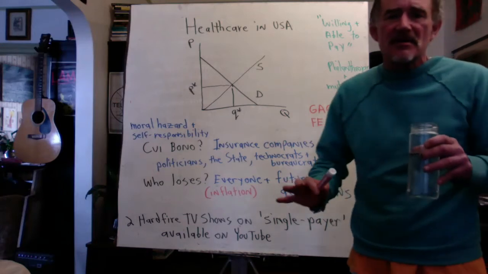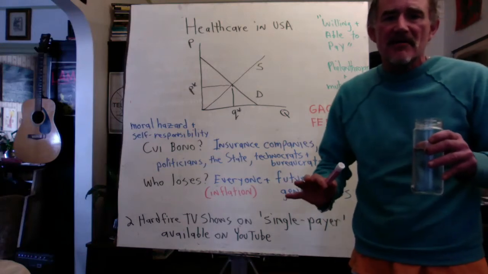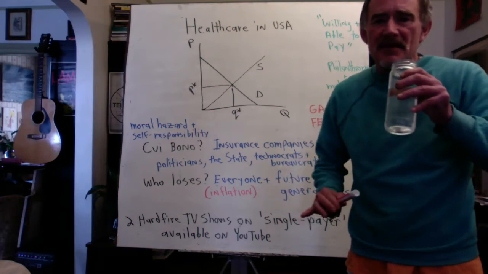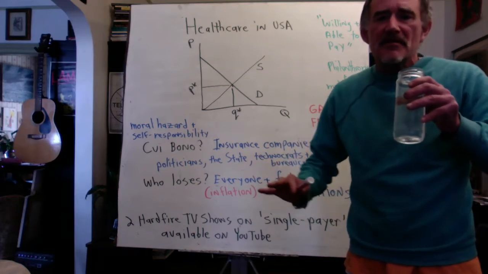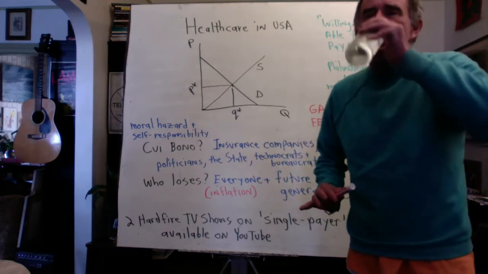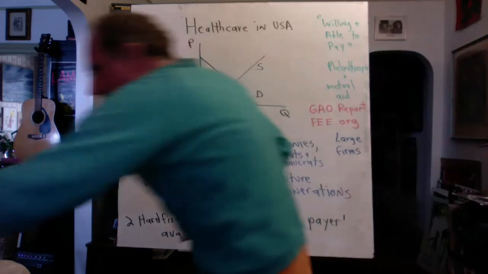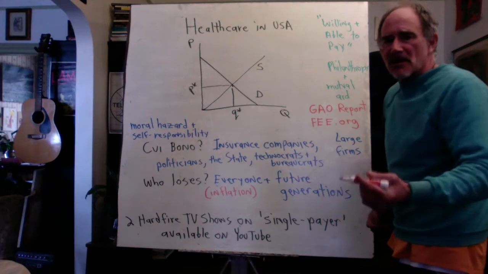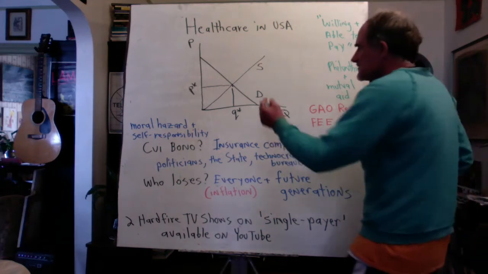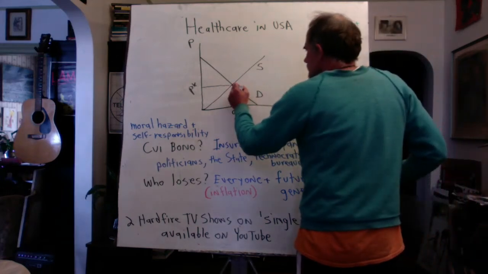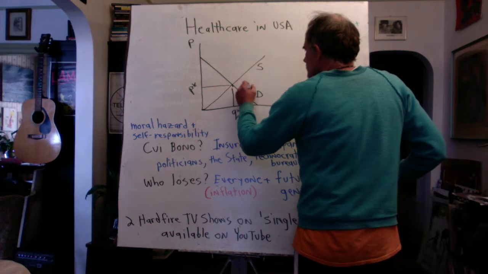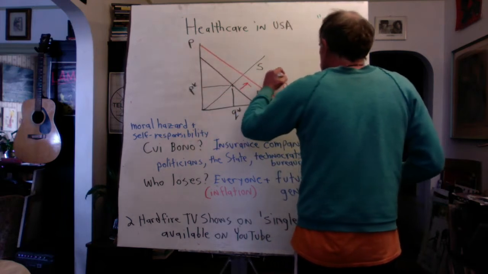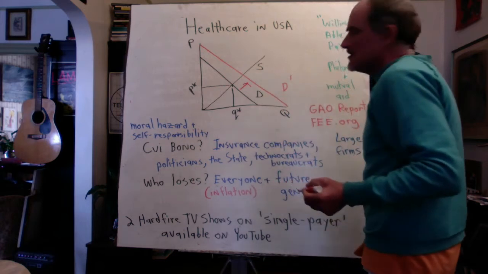And this is similar to the market for higher education in the USA, where you're subsidizing demand, shifting out demand and increasing the price. So here's the Affordable Care Act requiring everybody to have health insurance. Demand shifts out.